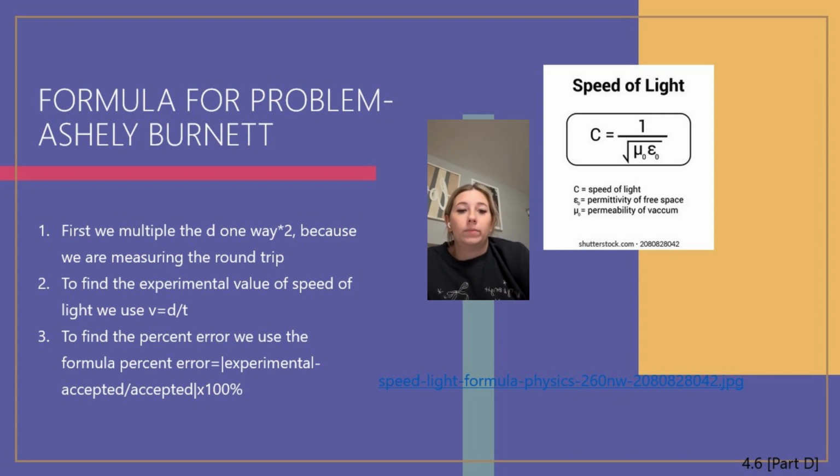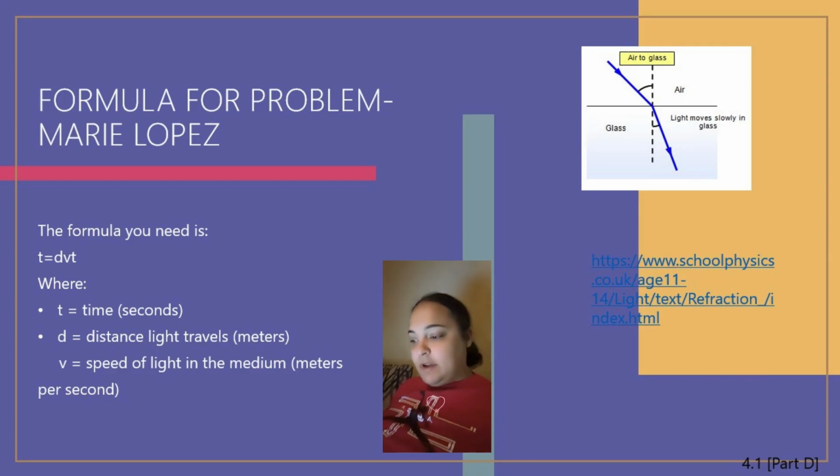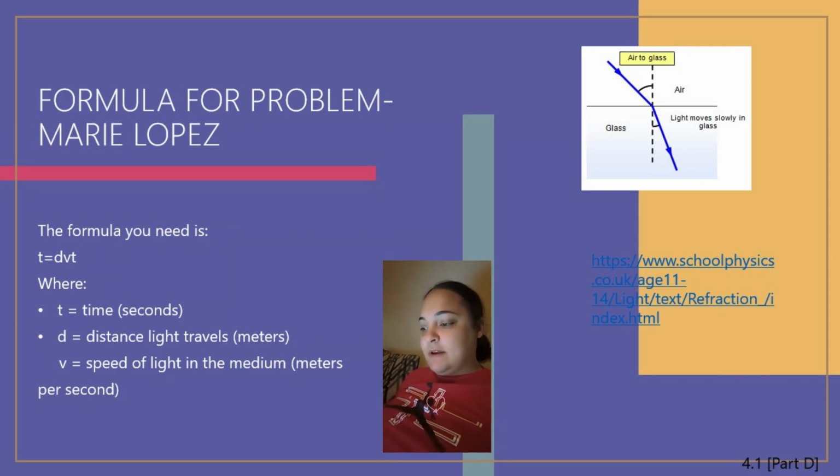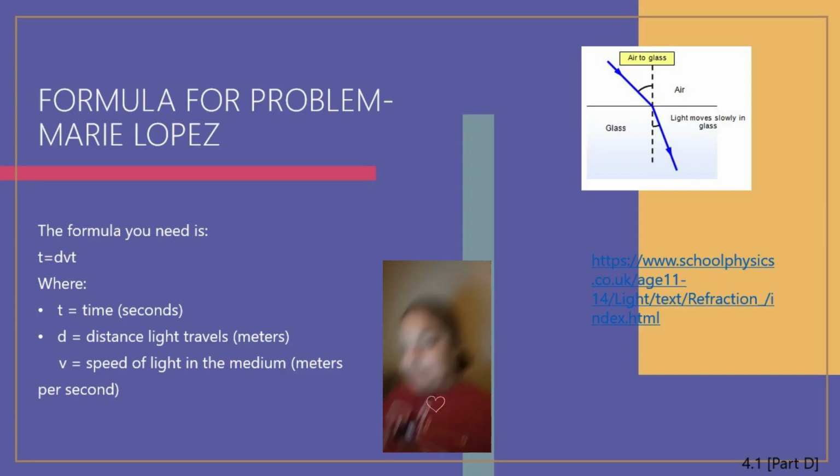The formula that you need to solve this problem is time equals distance light travels divided by V, the speed of light in the medium, and T is the time in seconds.